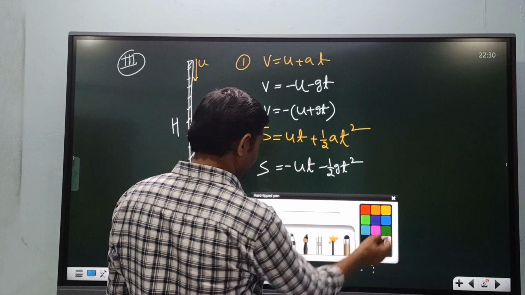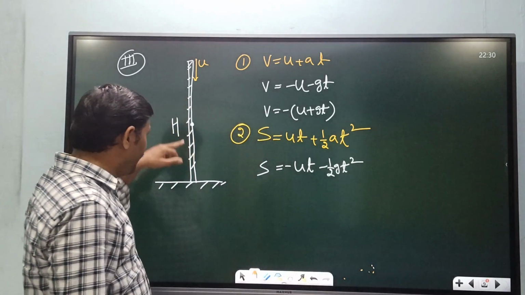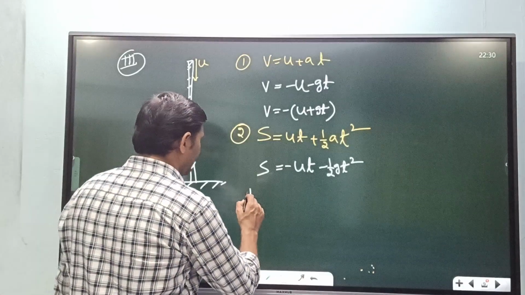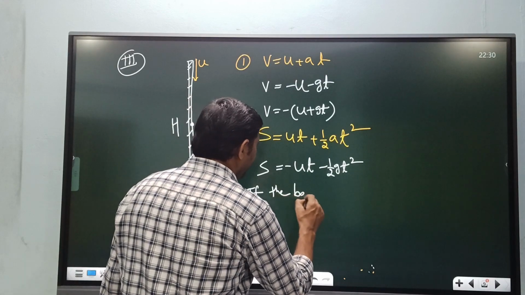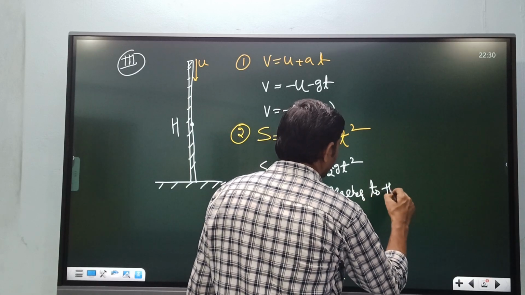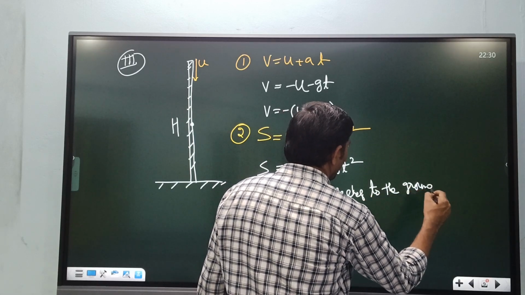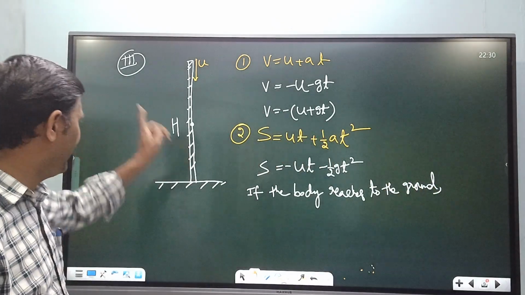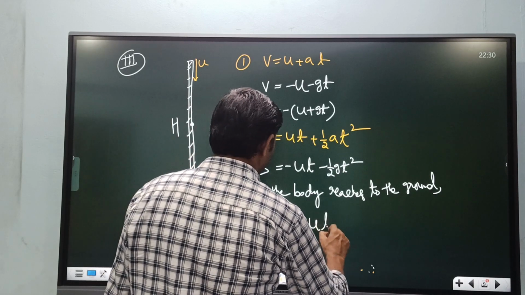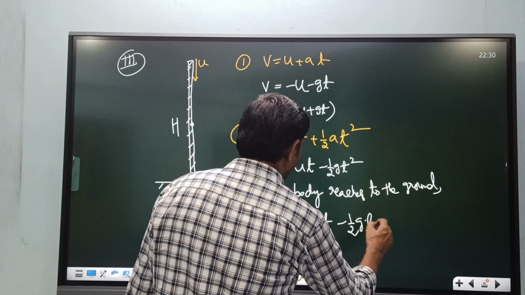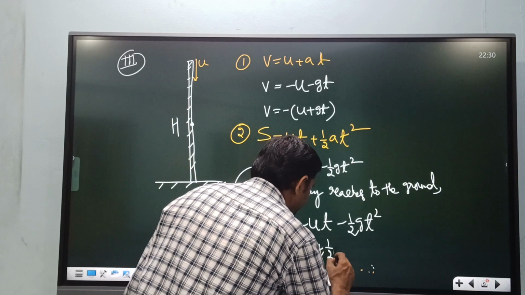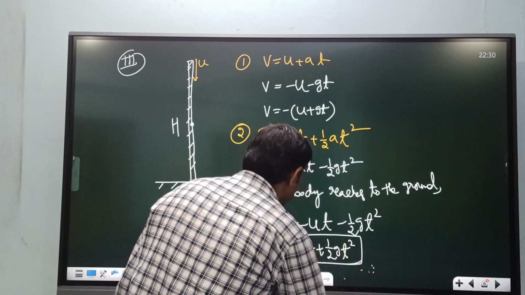If the body reaches the ground, s is replaced by minus H. Minus H is equal to minus ut minus half gt square. Now H is equal to ut plus half gt square.